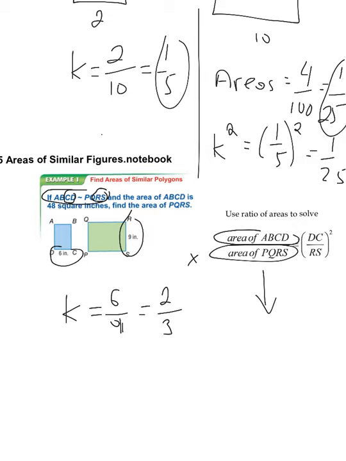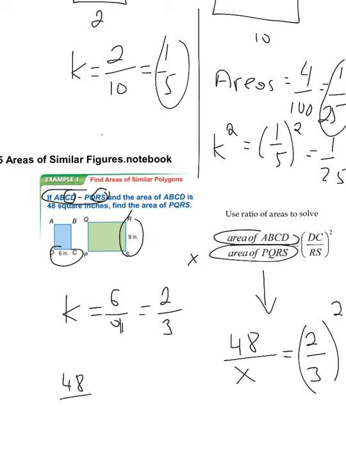So area of ABCD is 48 over X is equal to the scale factor 2/3 to the second power. Now just be careful. 2/3 to the second power is 4 over 9, so you get 48 over X equals 4 over 9.